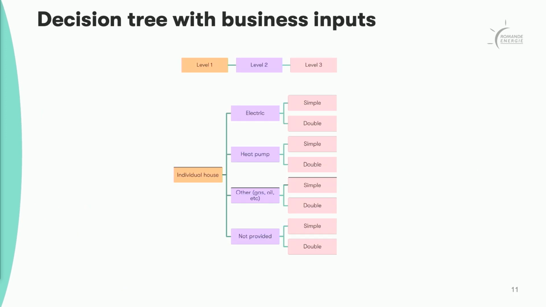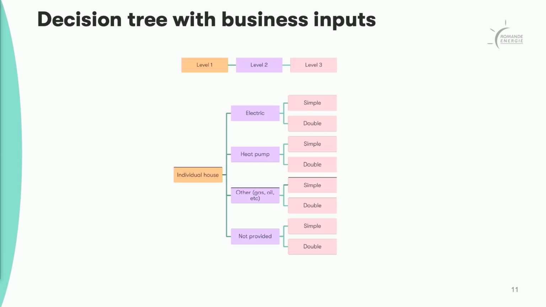What we arrived at is a kind of decision tree. Here is a small part of our decision tree, on 3 levels. The deeper you go in the levels, the more detail you have. If we take the first row, on level 1 we have individual houses. On level 2, we add information about the heating that our client has, and on the third level, we add the tariff.